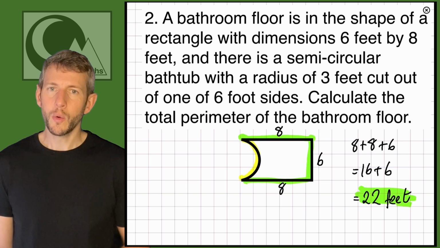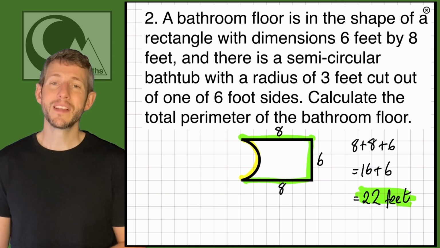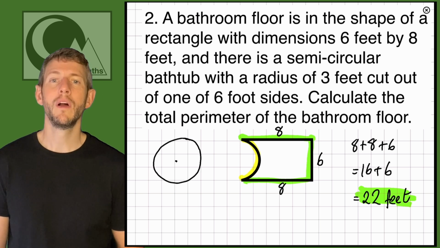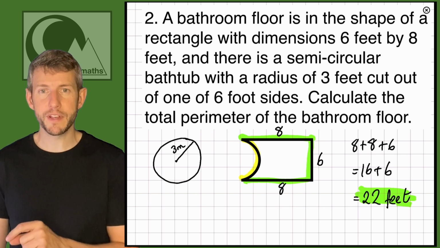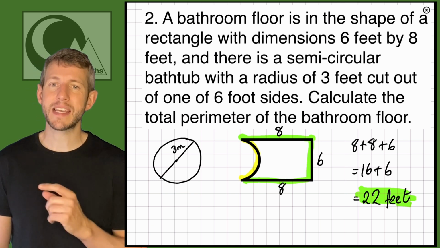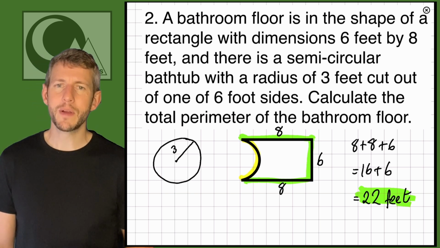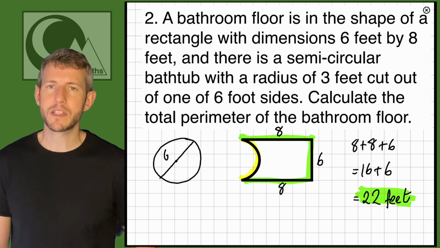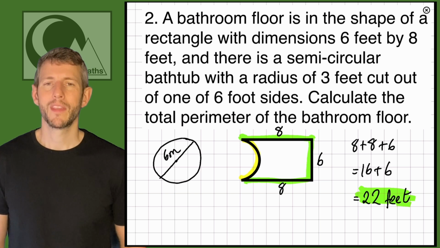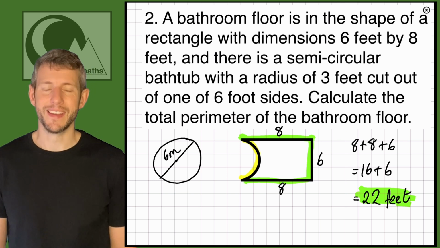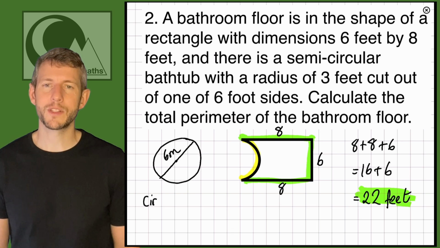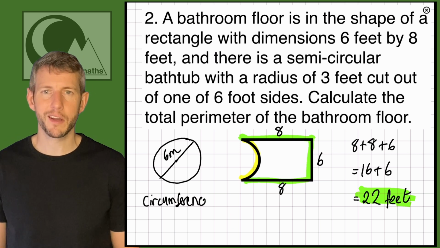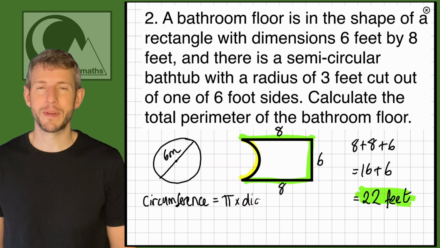Now with the circle, it's a semicircle this time, so it's going to be half of a circle. The radius is 3 feet. Now remember, the radius is half the diameter, so that means the diameter is 6 feet. So what I'm going to do now is I'm just going to draw a circle with a diameter of 6 feet. Okay, so this is if the semicircle is a whole circle. So what we can now do is we can work out the circumference of this circle using pi times diameter.